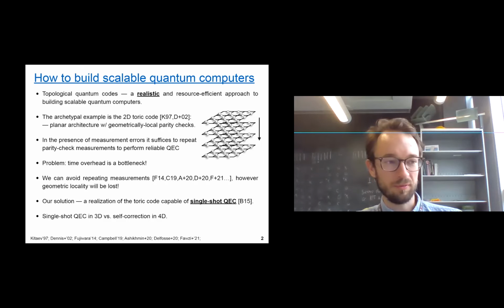And I've looked at this before in work with Yoshka and Earl and Armanda, and in the 4D toric code, both the errors would have this structure, so I think it would be a single shot code. But in general, I think the connection is unclear exactly how these things relate to each other.